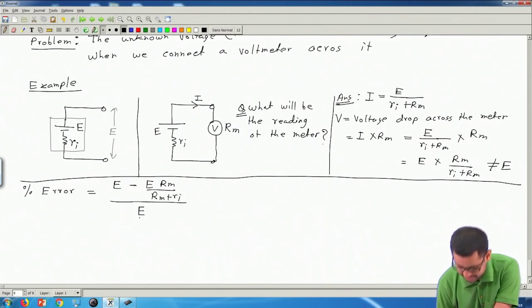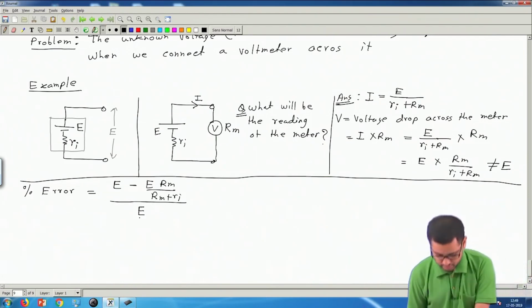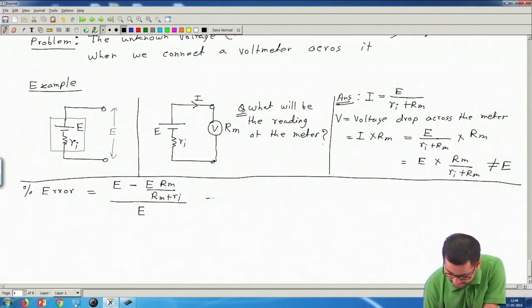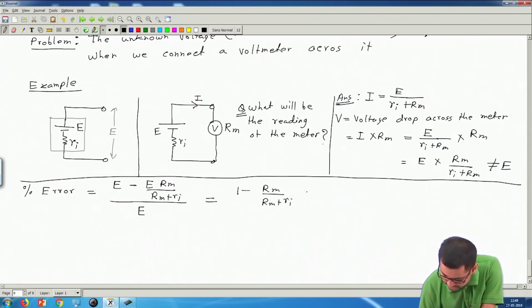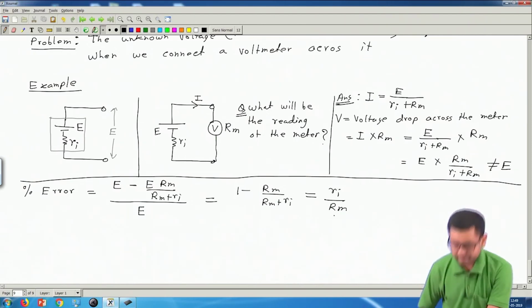E cancels, so I will have 1 minus Rm by Rm plus Ri, which is Rm plus Ri minus Rm over Rm plus Ri, so this will be Ri by Rm plus Ri.